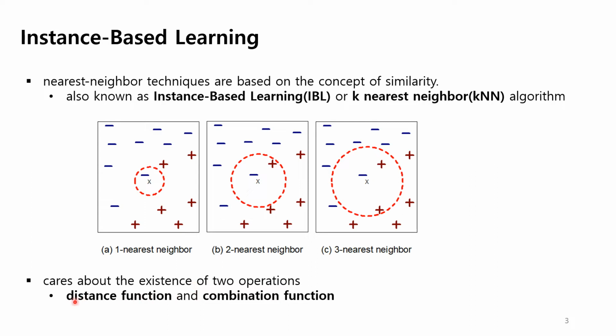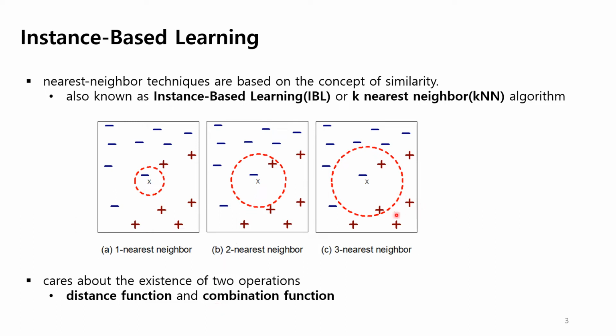The first one is distance functions. How do you define distance or similarity, okay, between two data? Okay, that's the first important issue. And the second important issue is the combination function. So you select a few neighbors.